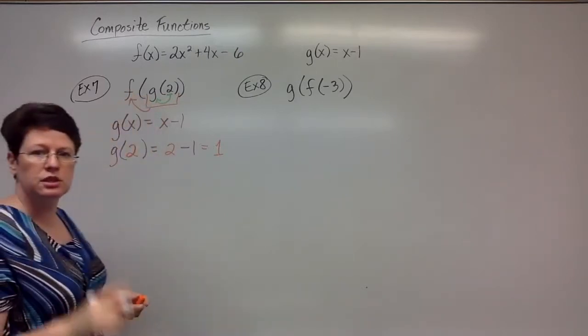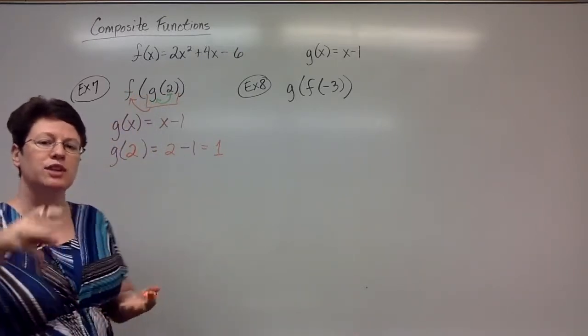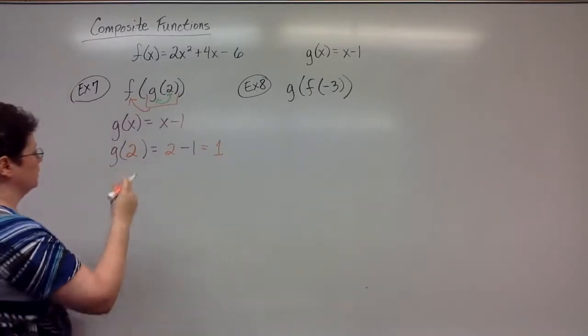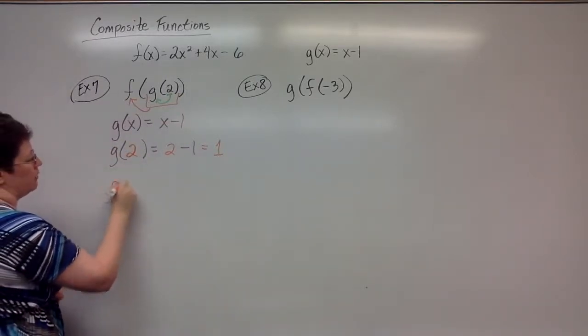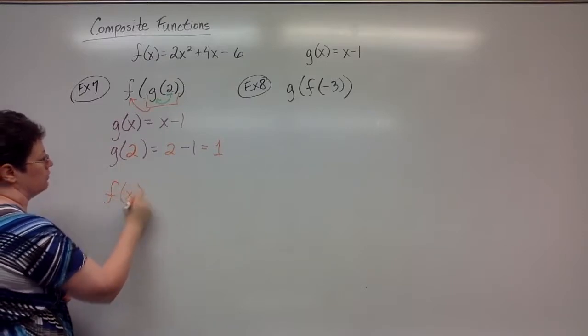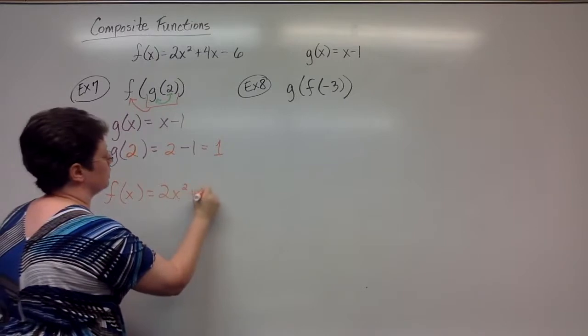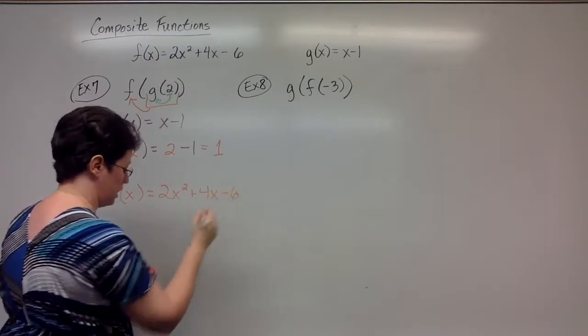Okay, so now that we have that, we're going to take that answer and plug it into the f. So see how we're building. It's like those little nested dolls where you got one inside the other, and you put them together. So now we come in, we have f of, let me do the f of x function so we can clearly see where we are plugging these in, okay?